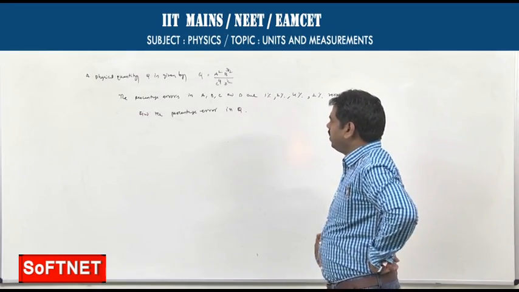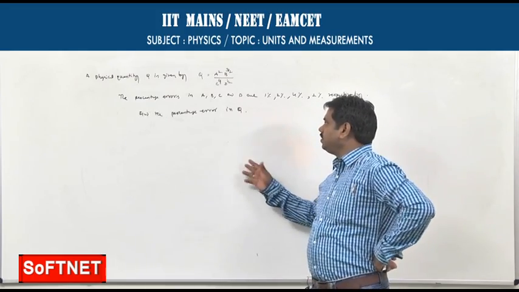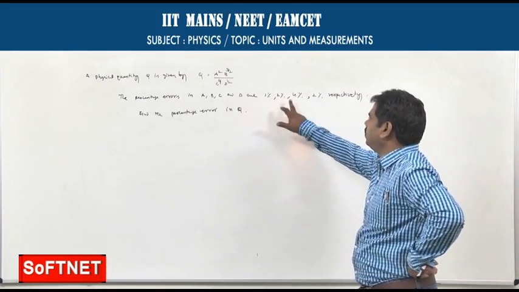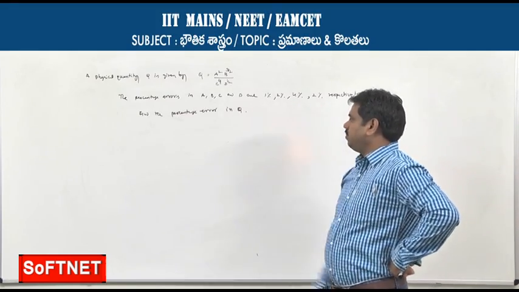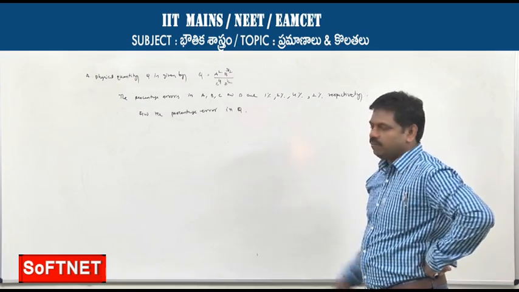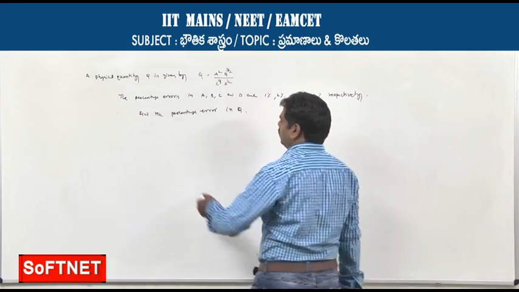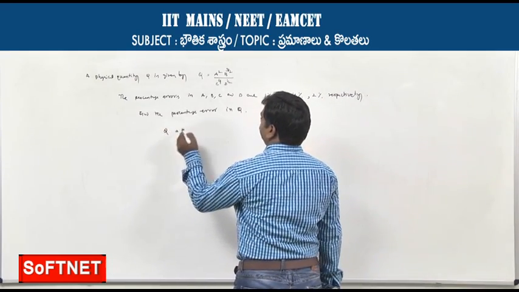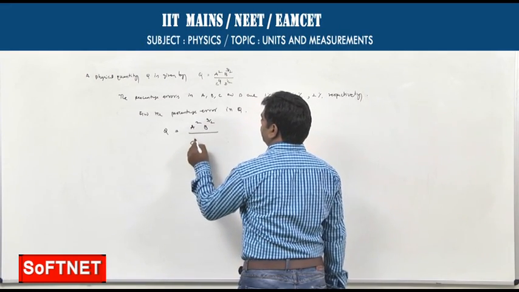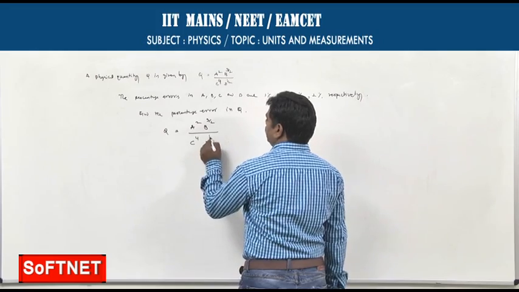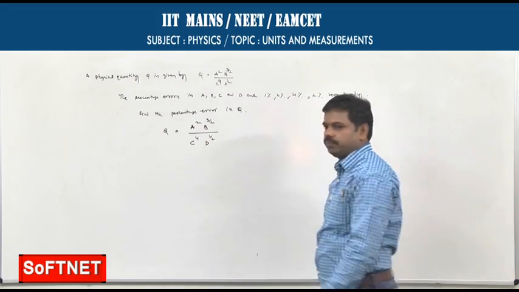Now the percentage of error in the measurement of A, B, C, D are given as 1%, 2%, 4% and 2%. Then what is the percentage of the error in measurement of the Q? How to get this? Here Q is equal to A square B power 3 by 2 by C power 4 D power 1 by 2.